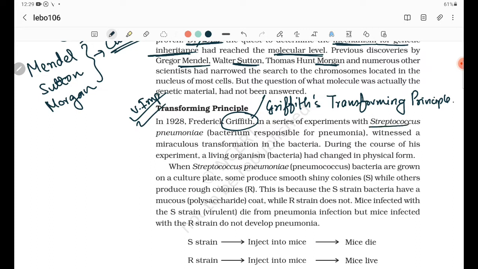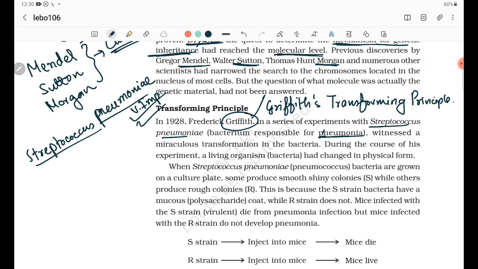What was used for this? Streptococcus pneumoniae. It is written wrong here, p should be small. All these writings are very important. It is the bacteria which is responsible for pneumonia.